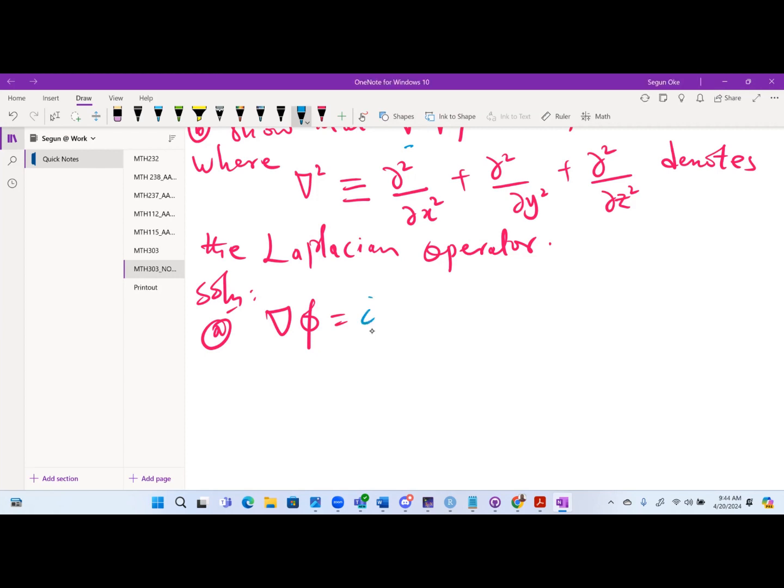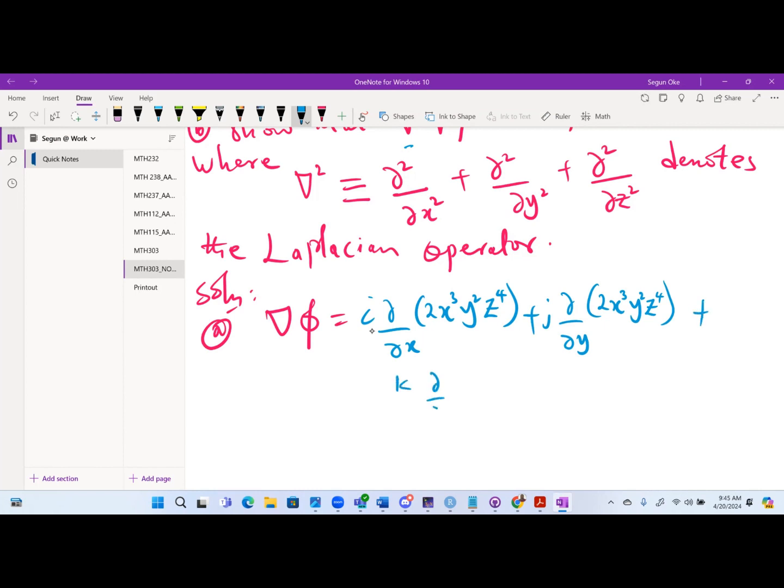All we need to do is i d/dx of our phi. Our phi is 2x cubed y squared z to the power 4, plus j d/dy of 2x cubed y squared z to the power 4, plus k d/dz of 2x cubed y squared z to the power 4, equals.